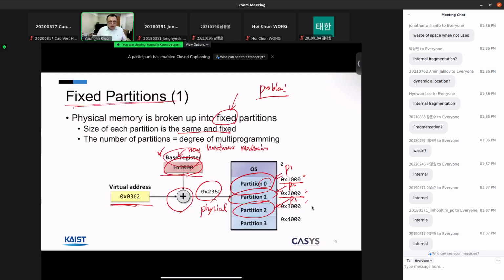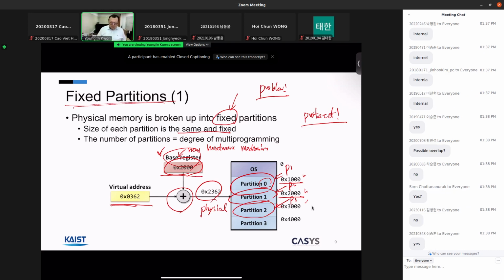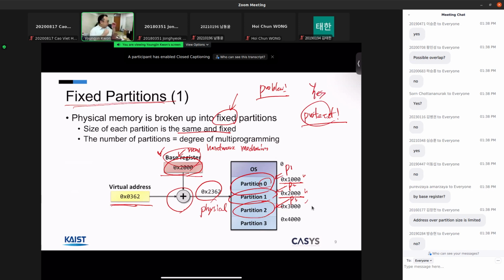Does it support protection? Does this fixed partition provide protection? How does it protect?